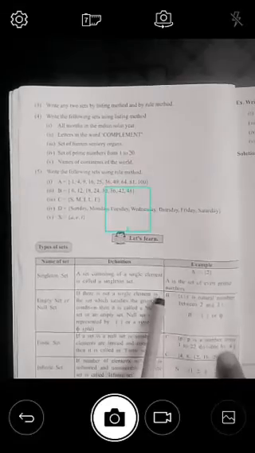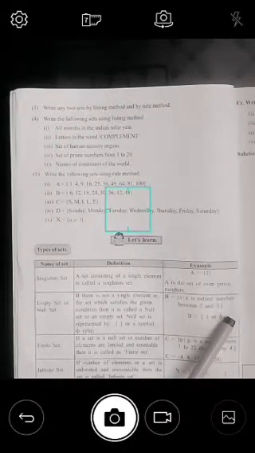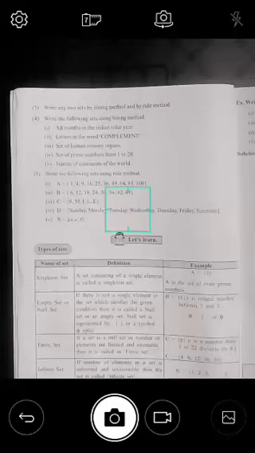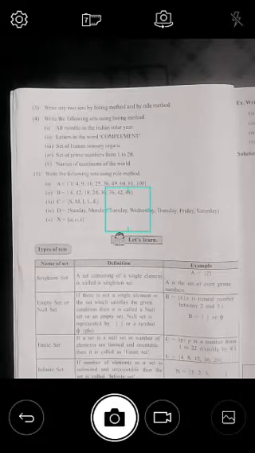So here there is an example. B is equal to x such that x is a natural number between 2 and 3. So there is no number between 2 and 3, and therefore B is equal to empty set. So we can write either of these.